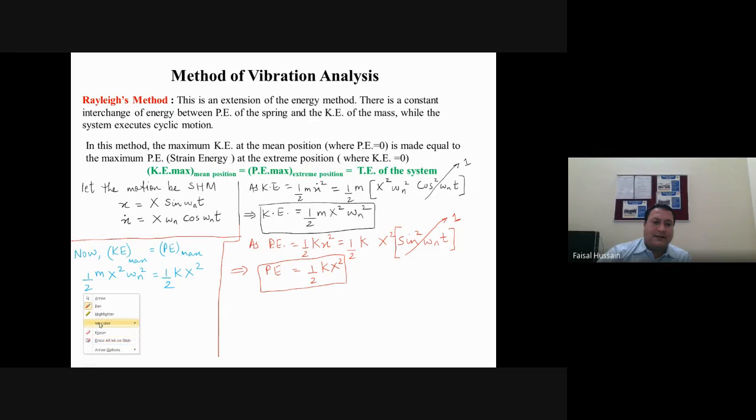If this is the condition, then the 1 by 2 gets cancelled, X square gets cancelled, and we get ωn square equal to k by m. So ωn will be the square root of k by m. Understood?